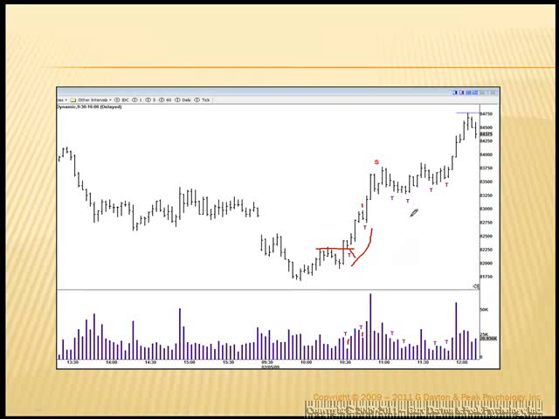For example, let's see here. We got 1, 2, 3, 4, 5, 6, 7, 8, 9. Oh, doesn't work. I thought this might have been the way I had it labeled here, but it's not.